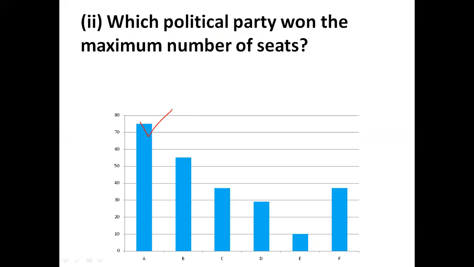In today's class, we learned about the graphical representation of data by a bar graph. We learned how to interpret the data which is given in it, and also how to draw a bar graph from the given data. Thank you, students.